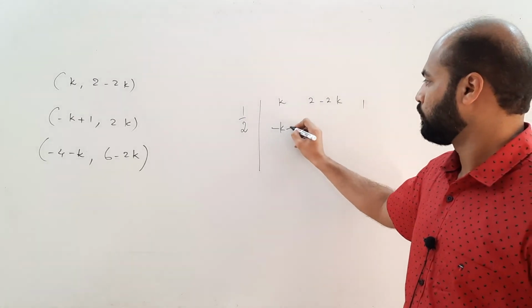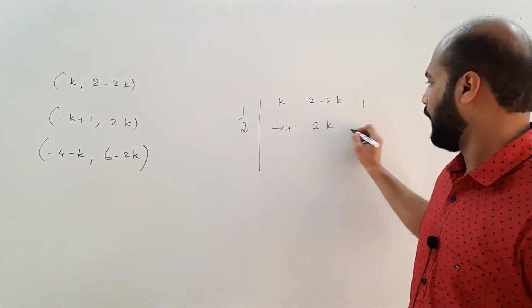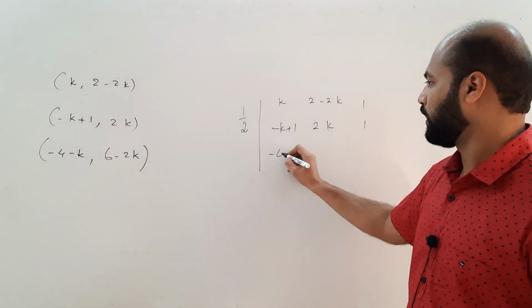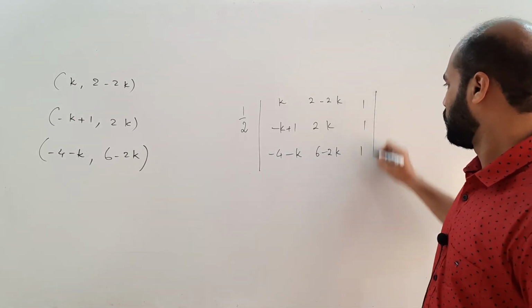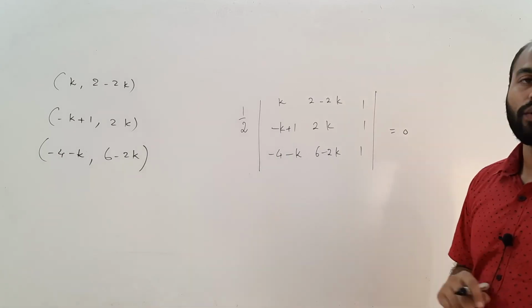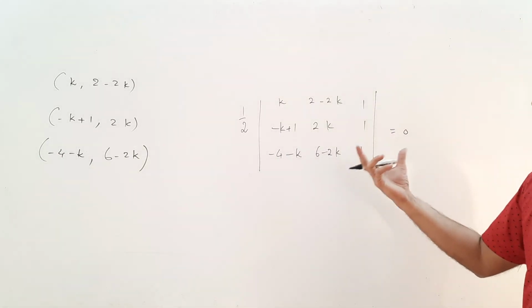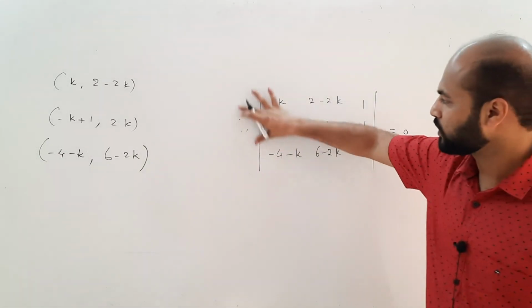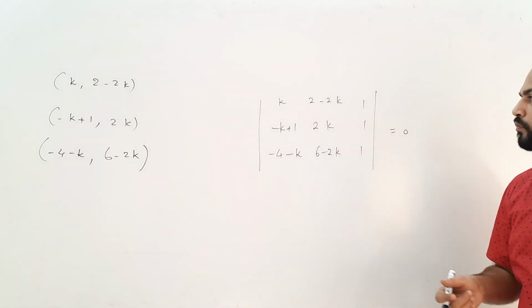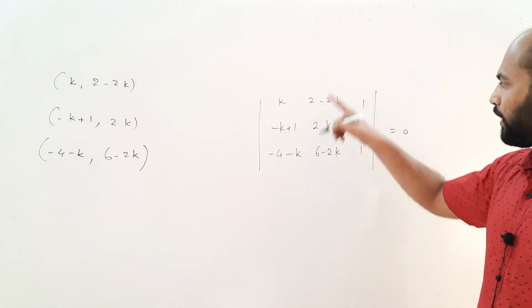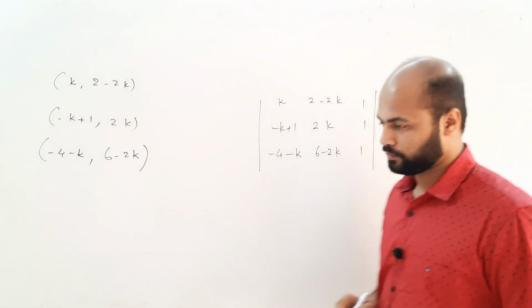Second row is minus k plus 1, 2k and 1, and the third row is minus 4 minus k, 6 minus 2k and 1. This determinant is going to be 0. Now if this determinant is 0, then this half has no role to play over here, because half cannot be 0.